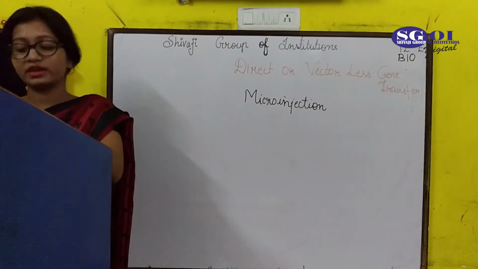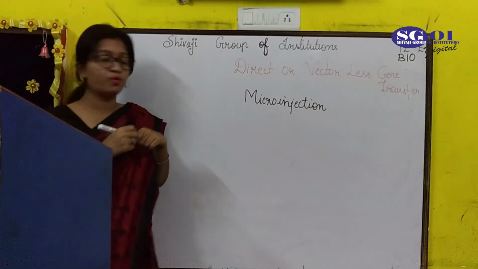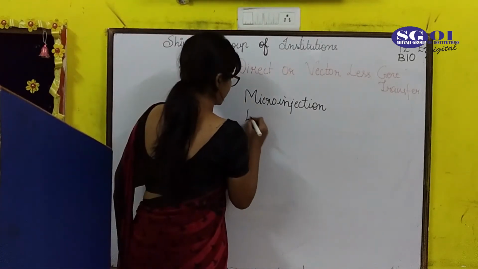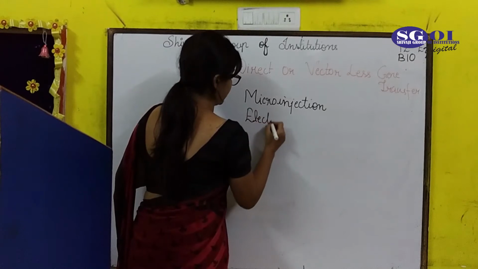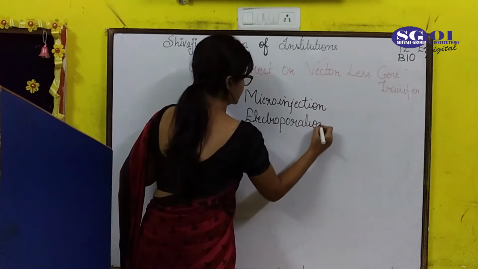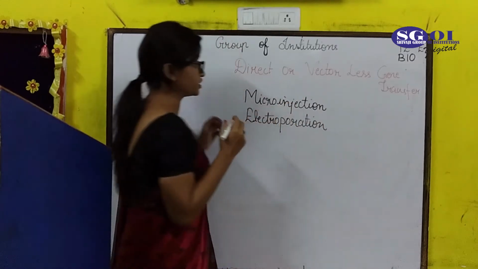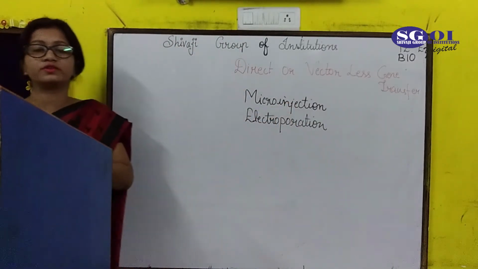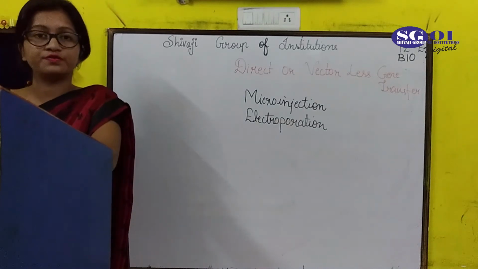So the first process of vectorless gene transfer is microinjection. After that came the second process, which is electroporation. In the first process, an injection or pipette is required for the transference of DNA.